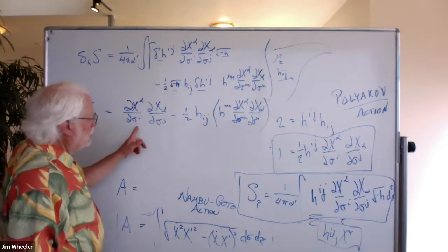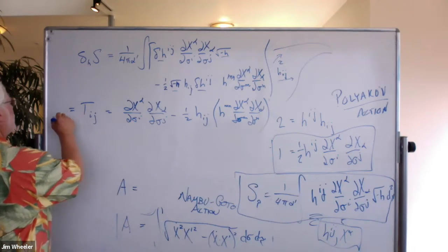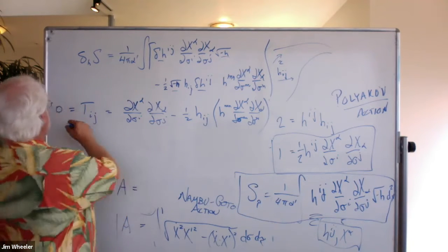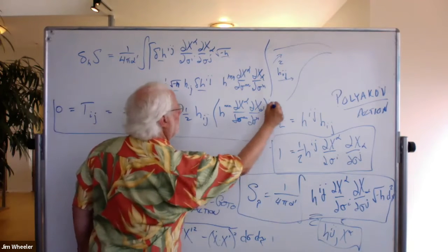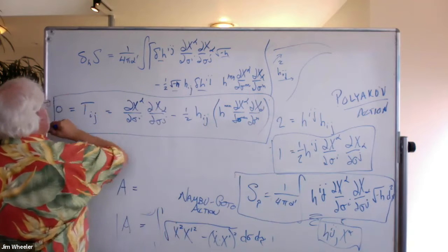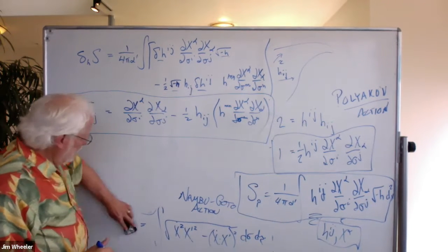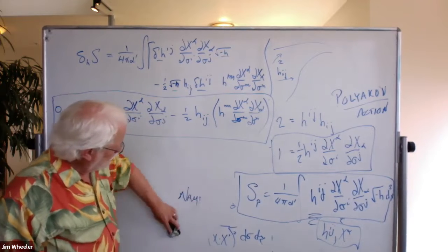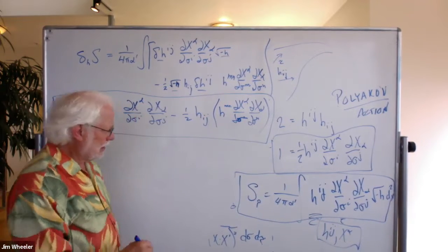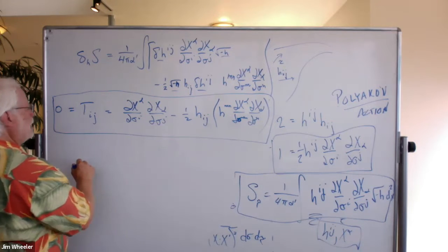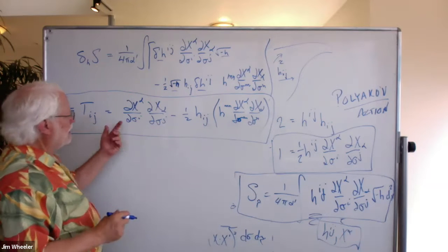Because we're treating h as an independent variable, that vanishes, and we have what turns out to be a very useful constraint in addition to the field equation we get from the variation of x.